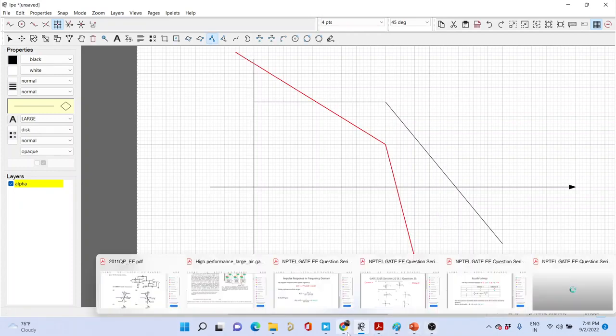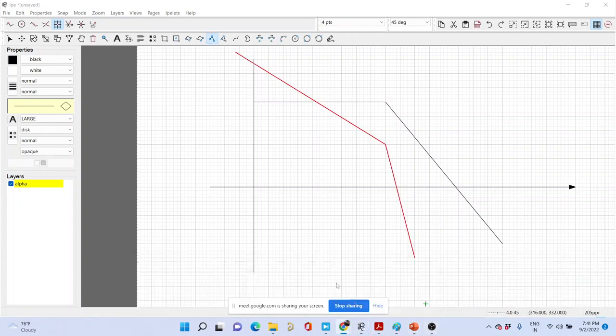You are getting my point? Yes, sir. So initially you have a plant transfer function like this. Now you have designed a controller which has infinite gain at DC, at very small omega.